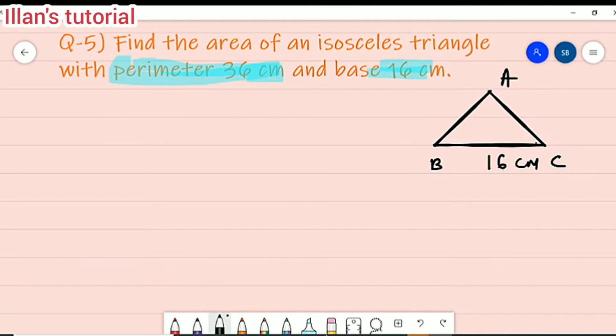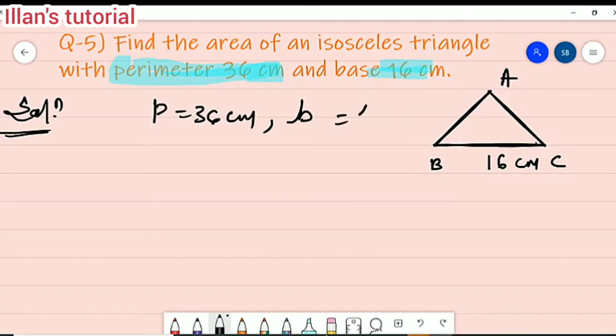First I'll write solution. You can also write here, given that the perimeter of isosceles triangle is 36 centimeter and base is 16 centimeter.